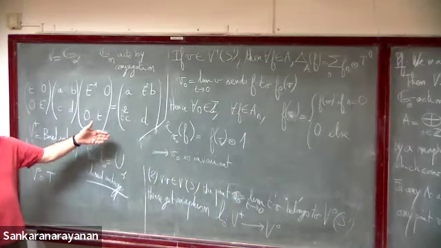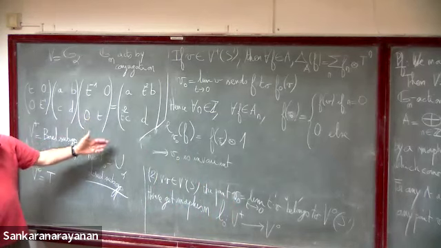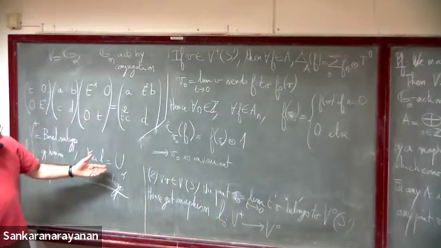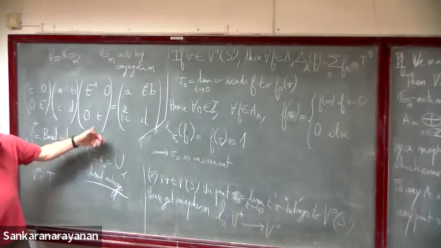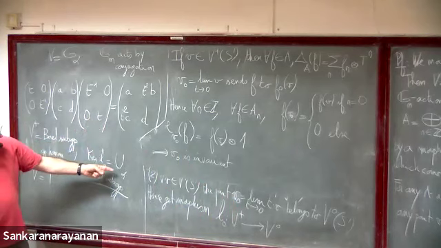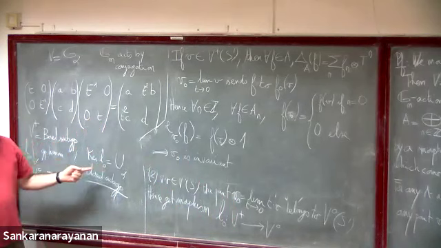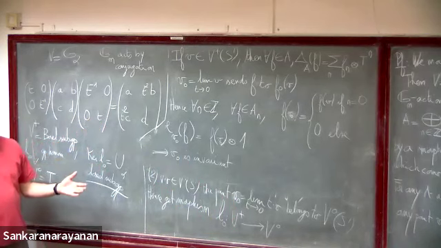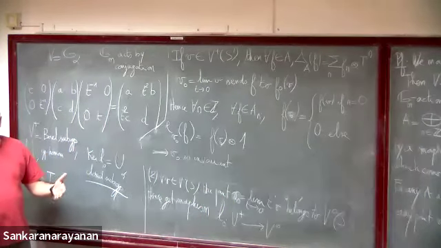So by the action of T, we look at the tangent space, or rather the cotangent space at the identity, which is m over m squared.